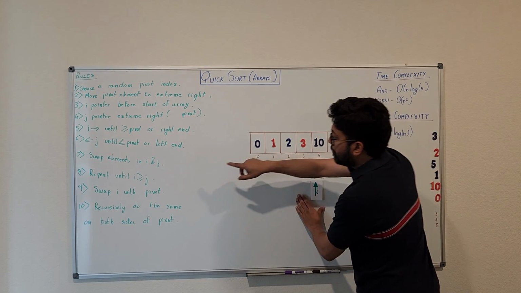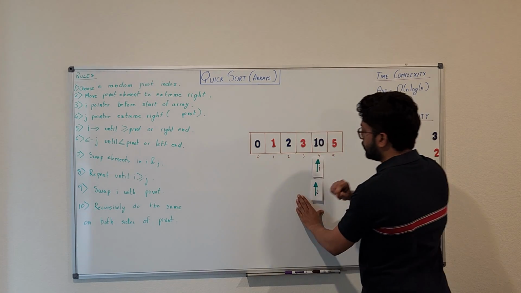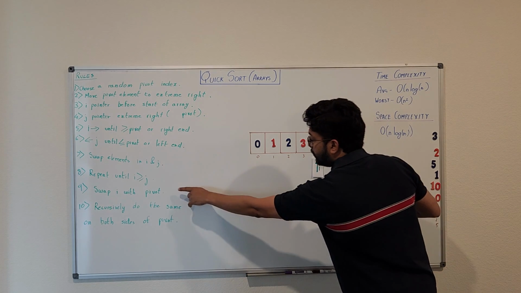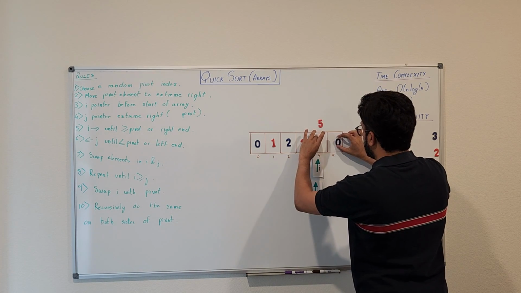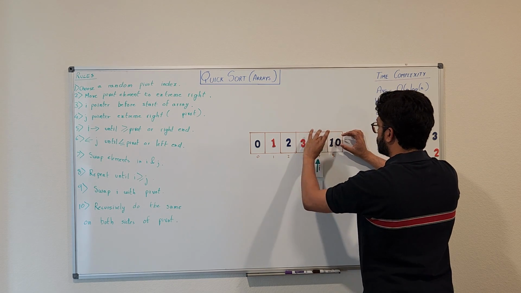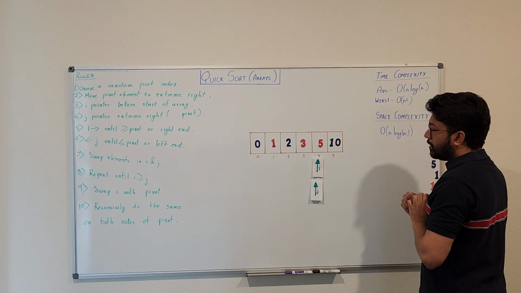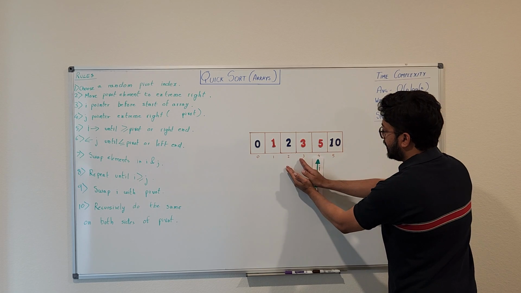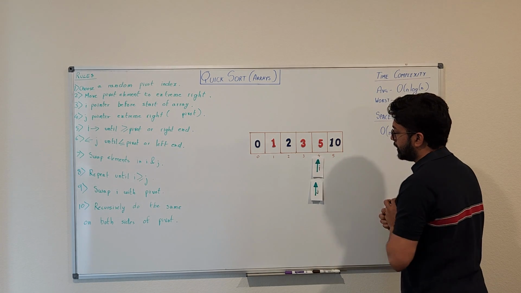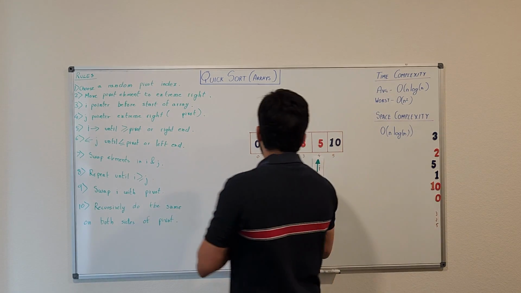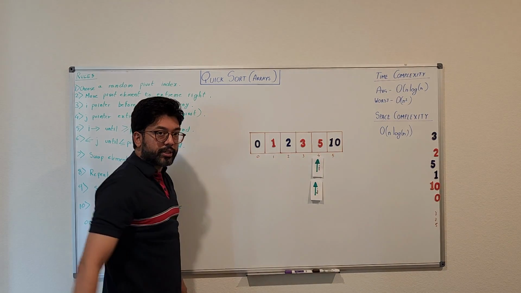Now we have met this condition, i greater than or equal to j. Now we will swap i with the pivot. And now we will do recursively on the left and right. Left is already sorted. We come right, just one element. So that's also sorted. So now if you look, the whole array is sorted.